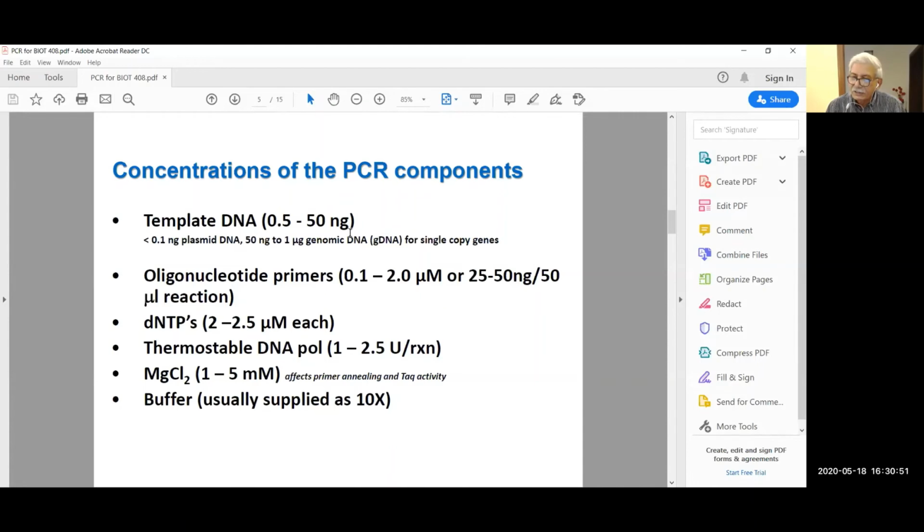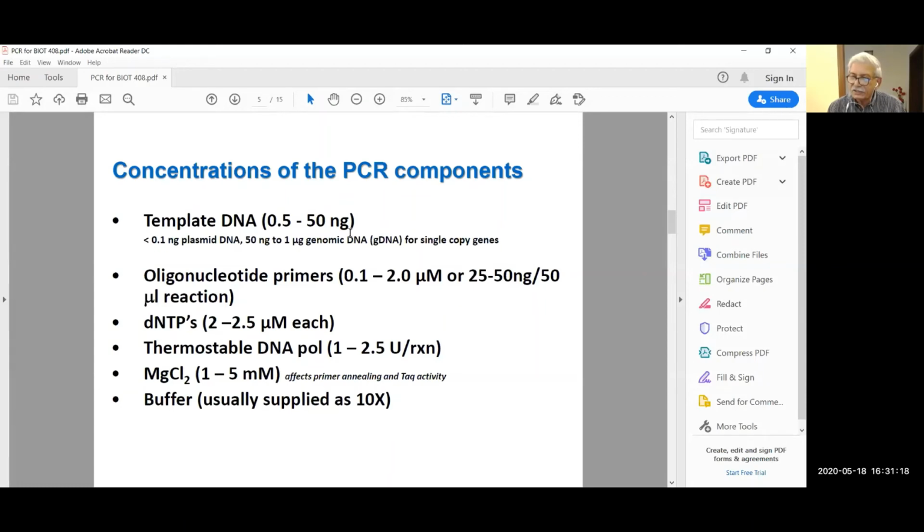Okay? It means 95% of the DNA you are taking in a genomic DNA is of no use in the PCR reaction. The gene will be amplified only from the DNA which is there in 5% of the genome.